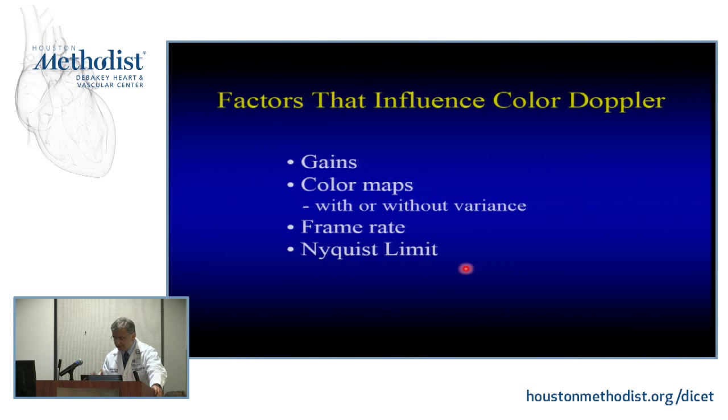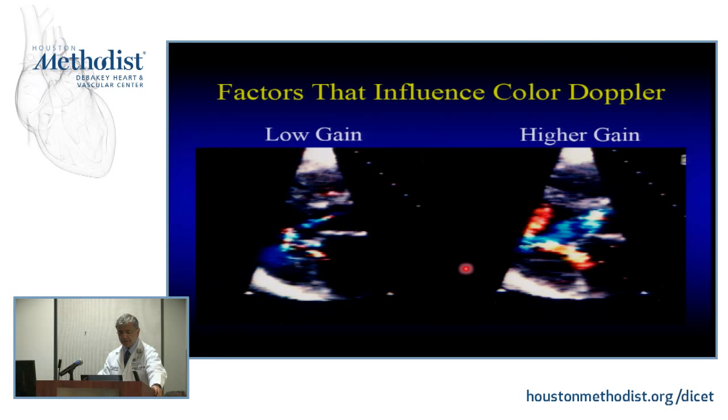And so you have to optimize the image one way or another. Gains, color map, frame rate, Nyquist limit, all these are important. Same jets, low gain on the left side, high gain on the right side. How are you going to interpret that? So we know by convention that you use high gain and come down a little bit. So you have a little tiny speckle in the background, so at least you optimize, quote unquote, the gain.